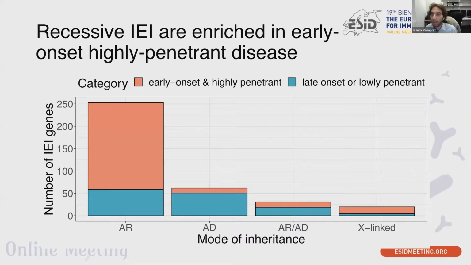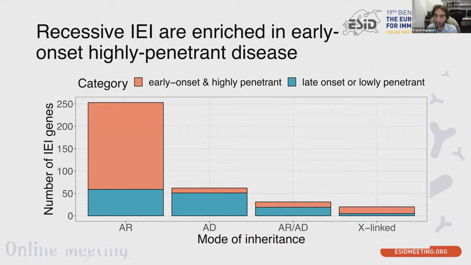We also wanted to see if we could see differences between diseases that are more severe. So we classified every inborn error of immunity within 2 categories. The first one is severe diseases that are early onset and highly penetrant, in pink. And the other one is all the other diseases, so either late onset diseases, or lowly penetrant diseases, or diseases that are much milder, in blue.